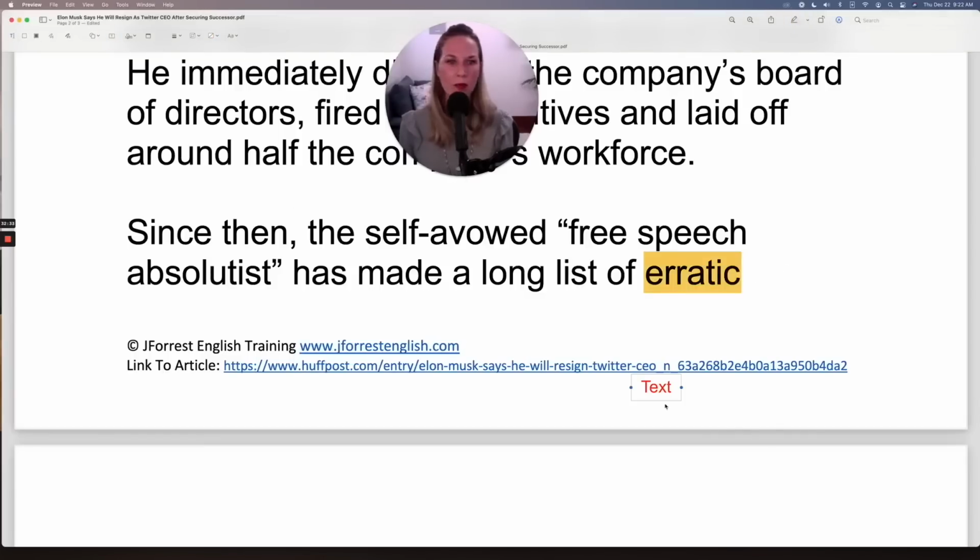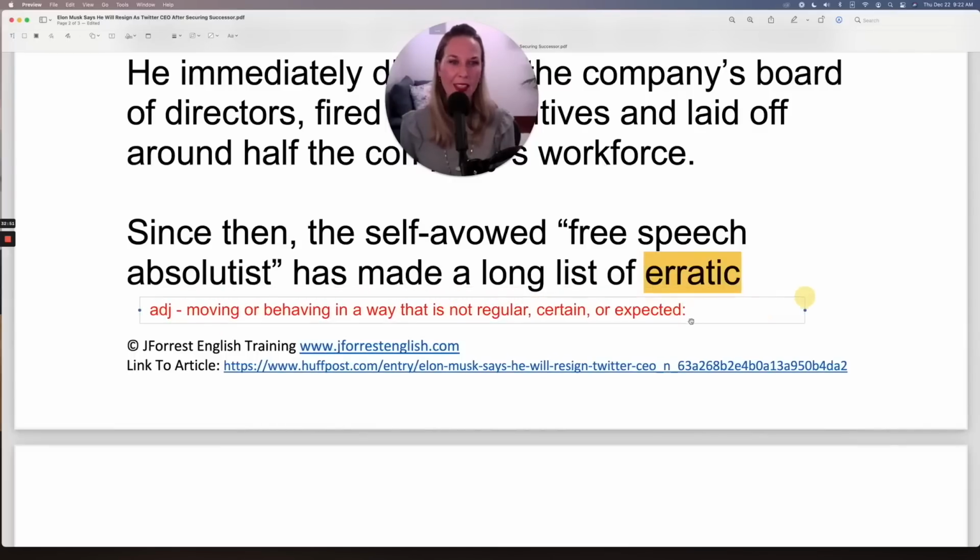We use it enough. Now, erratic is an adjective, and it is moving or behaving in a way that is not regular, certain, or expected.